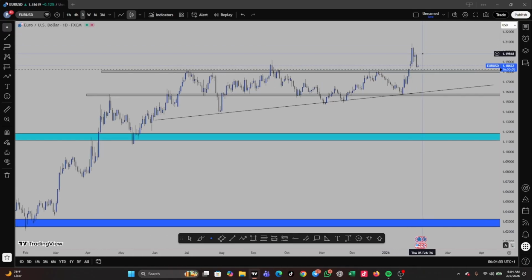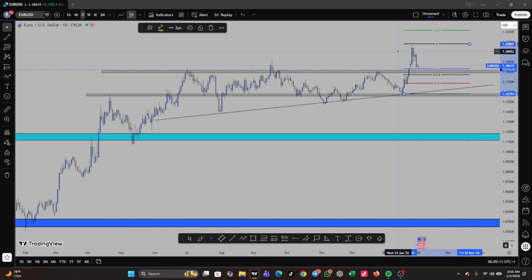So here now I'm patiently waiting for price to actually lap very well on this zone, and also I'll be making use of my fib, because whenever you see the market in a trending phase, you can make use of your Fibonacci tools.